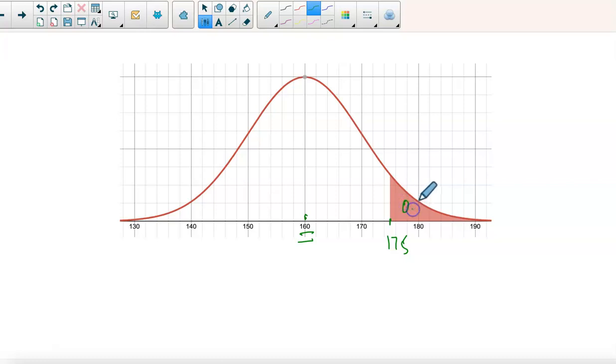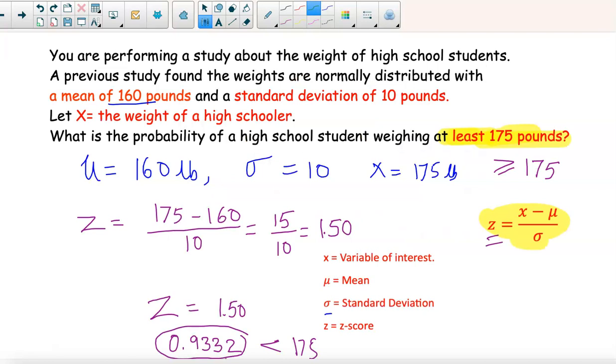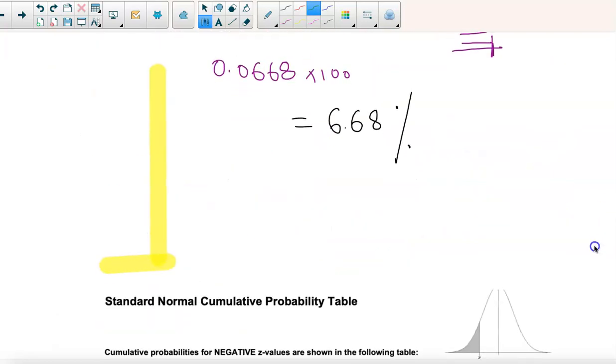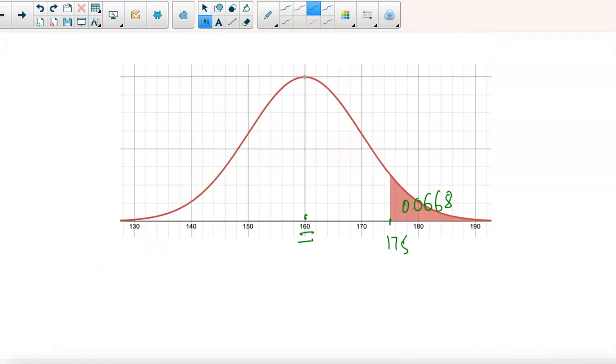It was 0.0668, and the percentage is 6.68. This whole thing is talking about the weight of the high school students normally distributed with the mean of 160, standard deviation of 10, and this is the probability of finding a student whose weight is greater than or equal to 175 pounds. Okay, nice. Thank you.